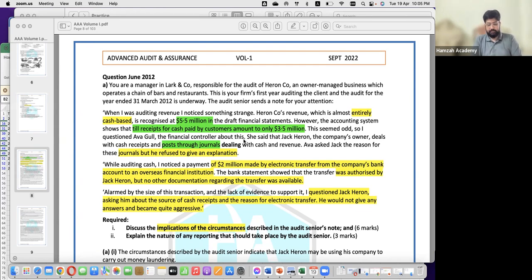Now, next. To whom they should report? Second part. Students, audit senior should report to the money laundering reporting officer of Lark and Company. First of all, the money laundering reporting officer of Lark and Company.